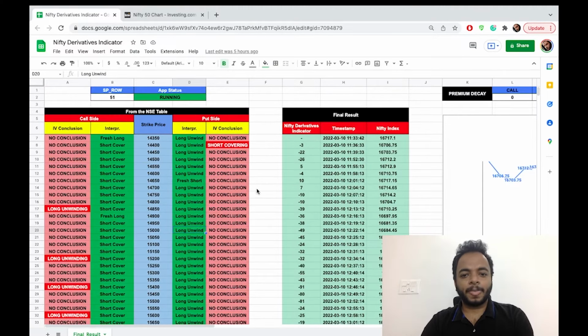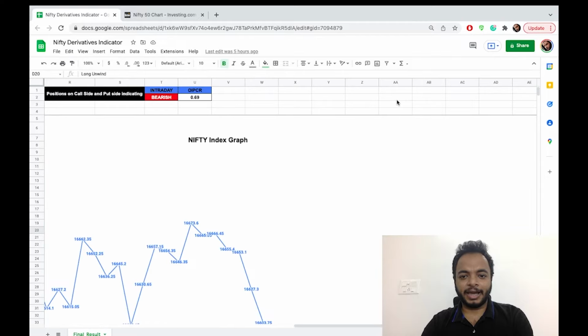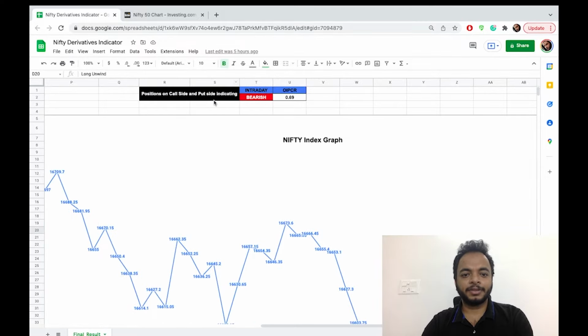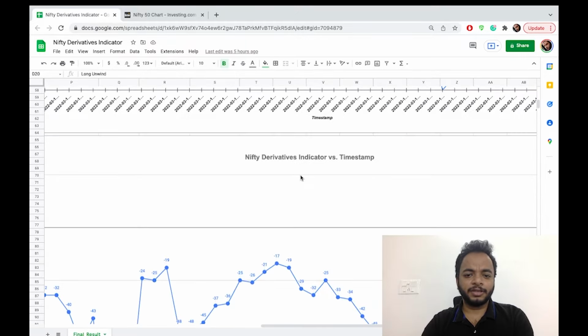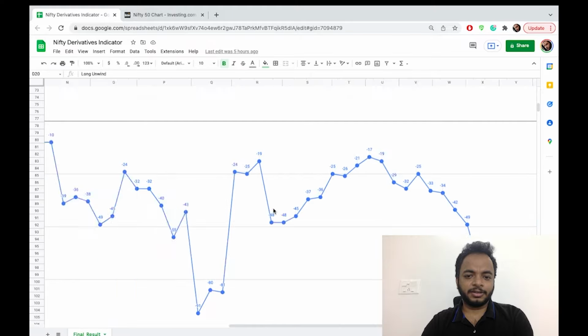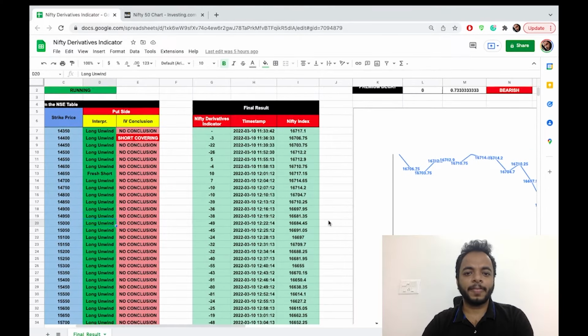Here on this side you have the premium decay, and here you have the overall view of the intraday, whether it should be bearish or bullish, and here the put call ratio. Then you have the Nifty index graph with the Nifty derivatives indicator, so that you can compare the graph with the scores.